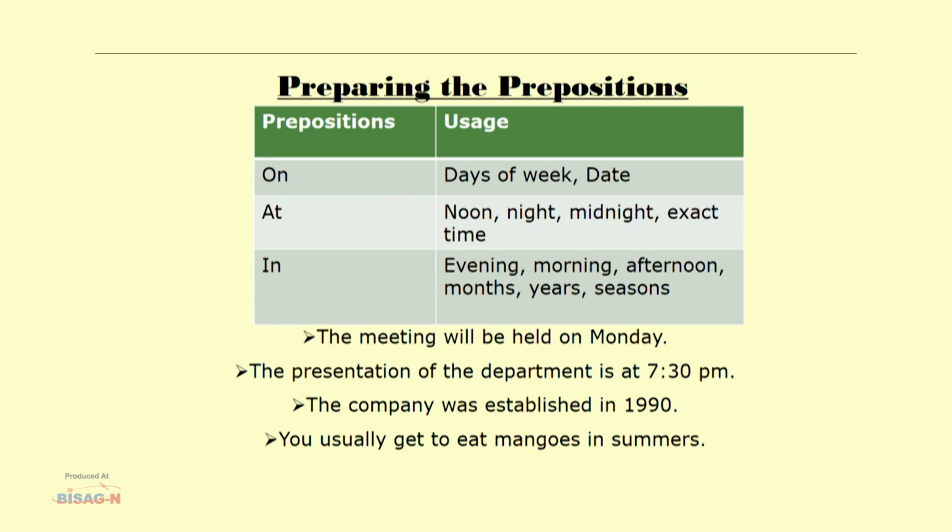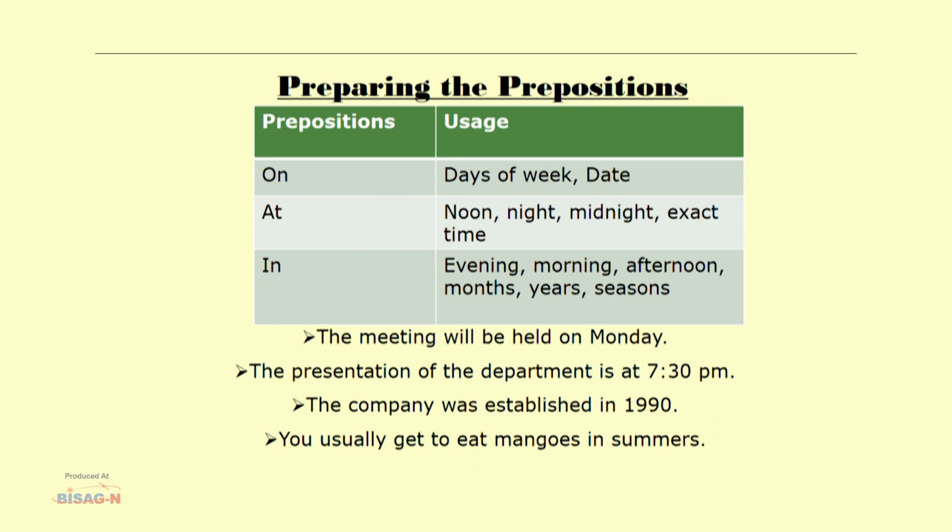Now, let's see what we have for at. What is the rule that we use for at? At is used when you use words like noon, night, midnight, and the exact time. If you're telling someone, let's take a break at 4, you are mentioning the exact time.